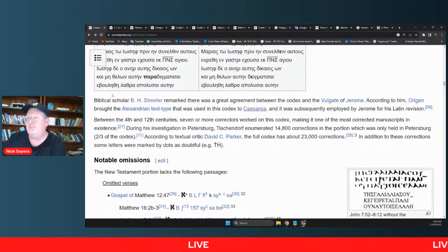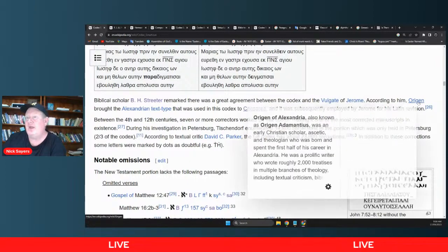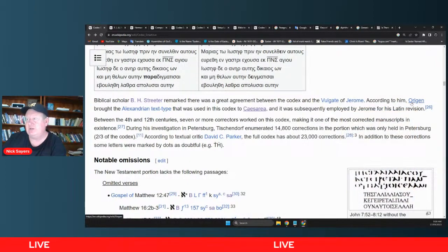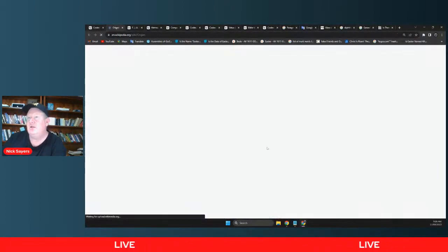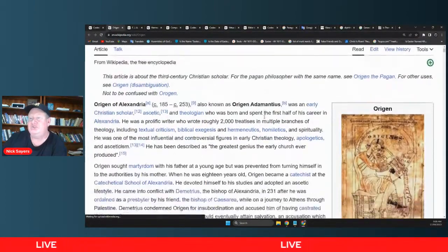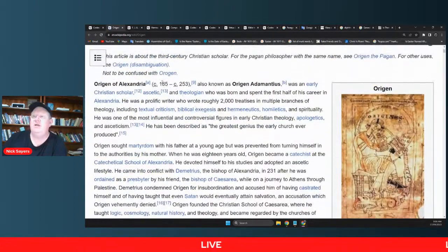So Streeter is saying that Origen, so maybe we should introduce Origen here as well. An interesting character, Origen of Alexandria, from 185 to 253, also known as Origen Adamantius, was an early Christian/Gnostic scholar, ascetic and theologian who was born and spent half of his career in Alexandria.